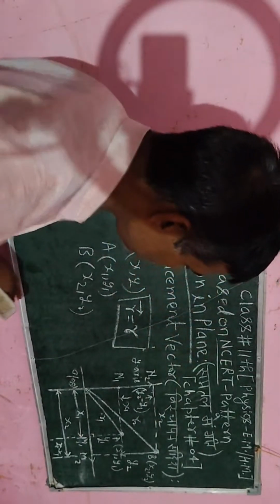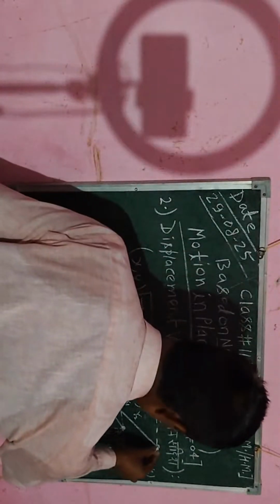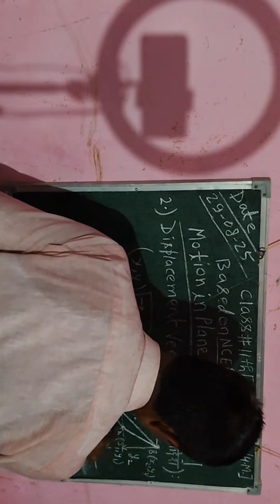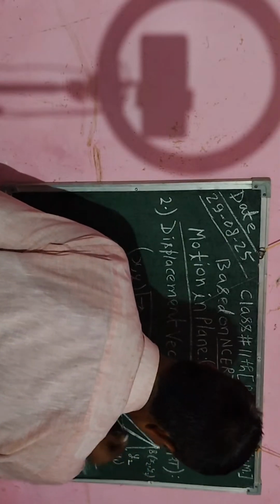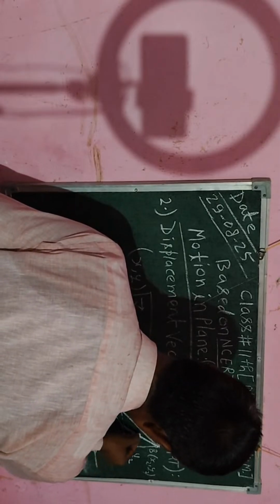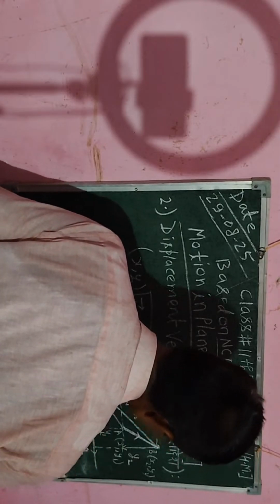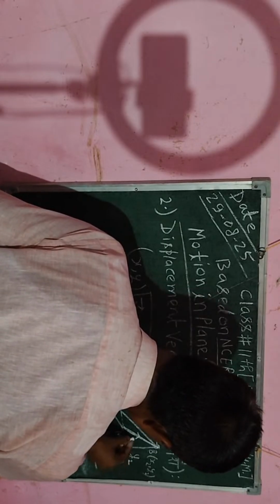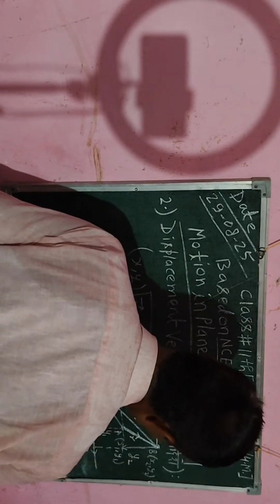So we have to find its position vector. I will draw from point A to B, so I will get this vector. This vector I will call R. That vector is R, I have written.